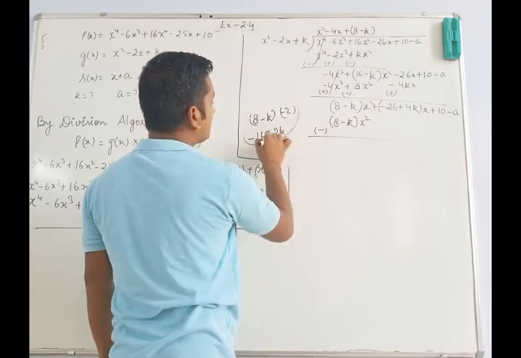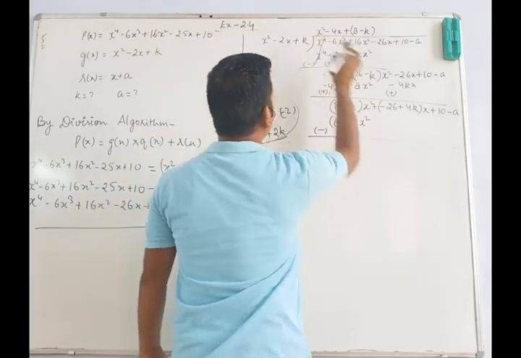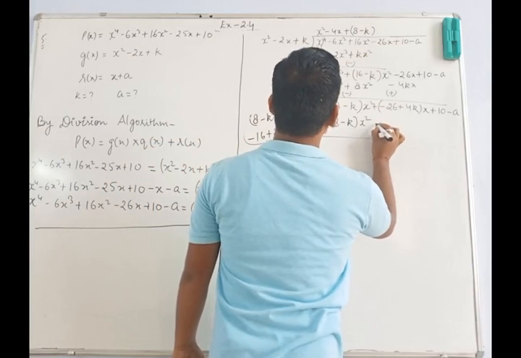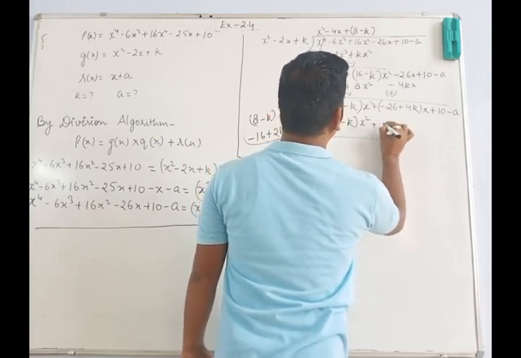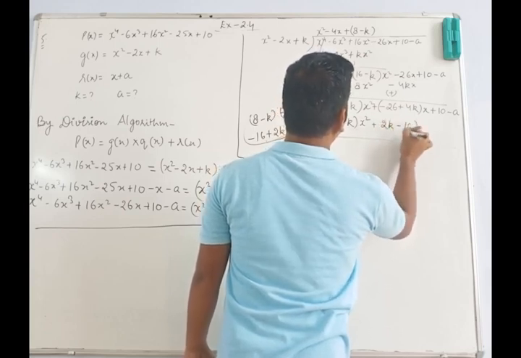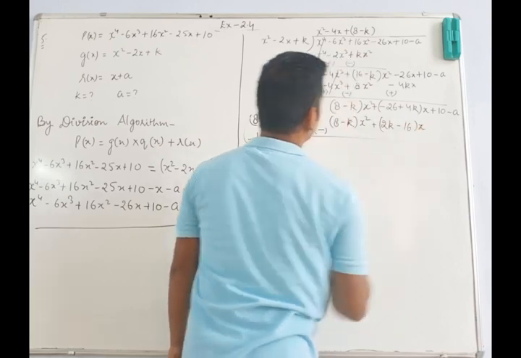So this will be the answer of the multiplication of these two. So we can write it directly as plus (2k minus 16) x.